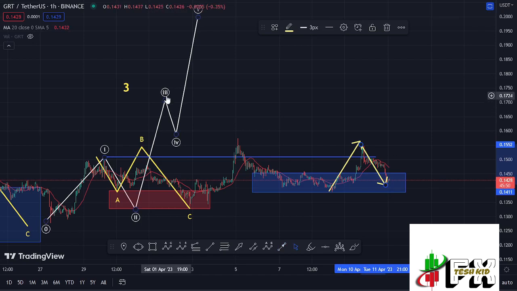And for that move to also play out, I'm expecting the CPI to come out as being positive to the market. And once that happens, then that will definitely give us that run up in the formation of that wave 3.